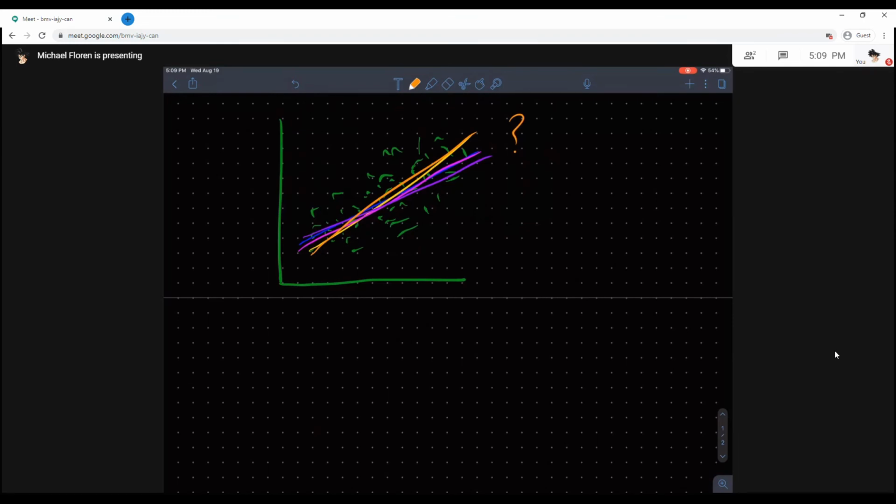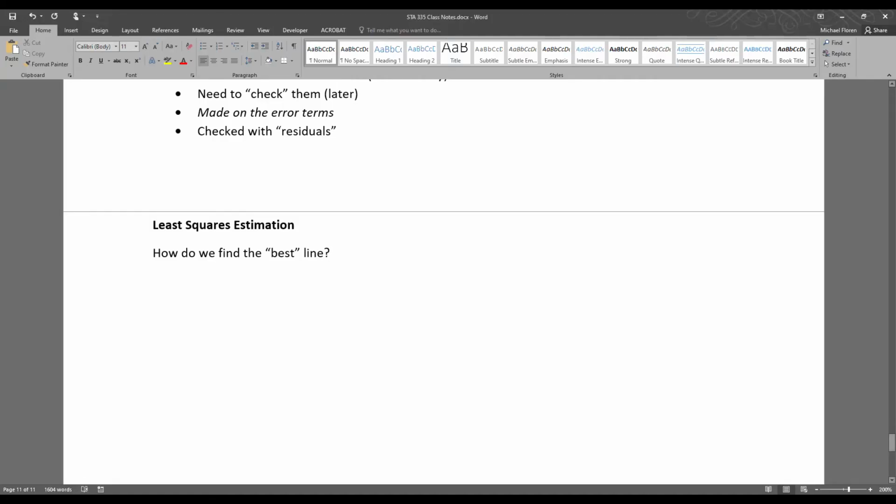And more specifically, what we want to do is create a perfect mathematical calculation such that we get the exact point where it crosses over in the y-intercept, and we get the exact rise over run so that we get the perfect slope. How do we determine that best line that we can select?